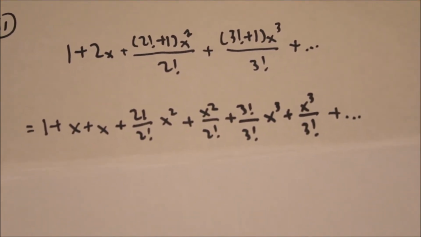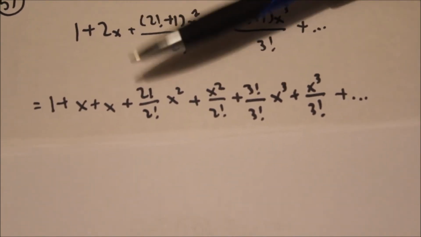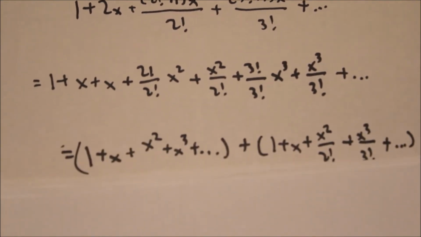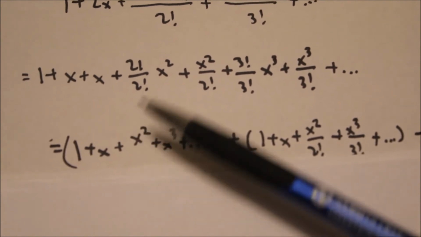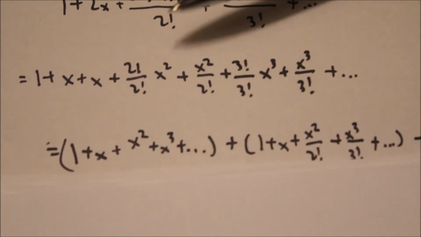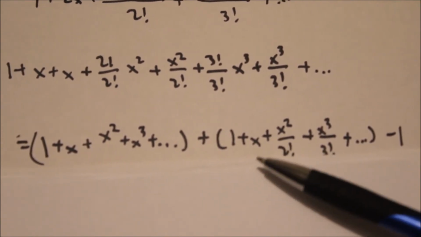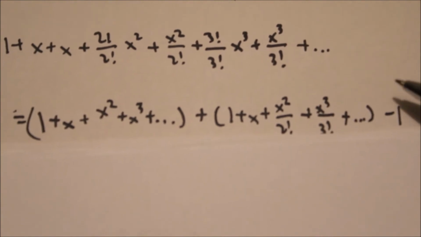So then we're going to split this up into 2 series because, as you notice, 2 factorial over 2 factorial is just 1. So we could rewrite this as 1 plus x plus x squared plus x cubed and so on, plus 1 plus x plus x squared over 2 factorial plus x cubed over 3 factorial and so on.